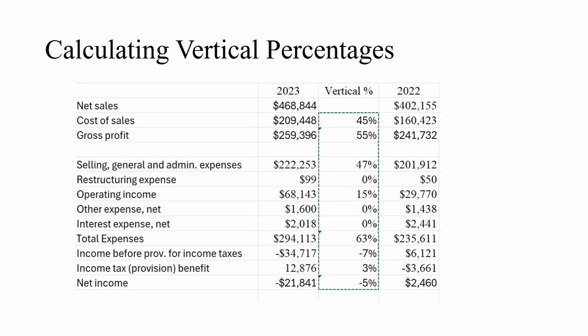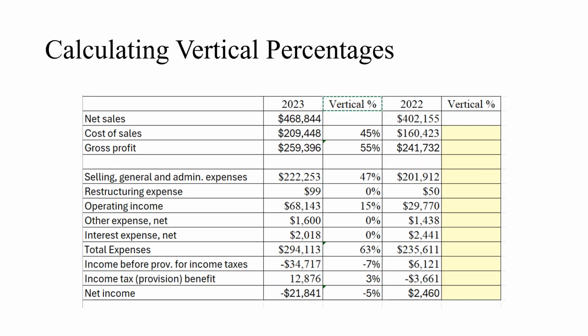Then, what I might recommend we do is copy those percentages. By copying them, we simply highlight all those boxes and hit copy. And then drag those over to the next column, the 2022 numbers, and highlight all those areas and simply paste those formulas in.